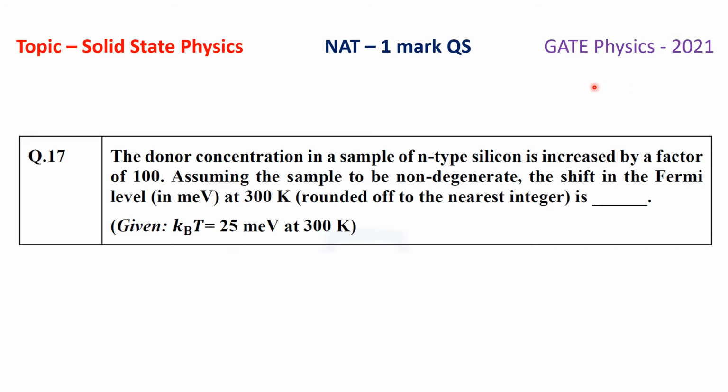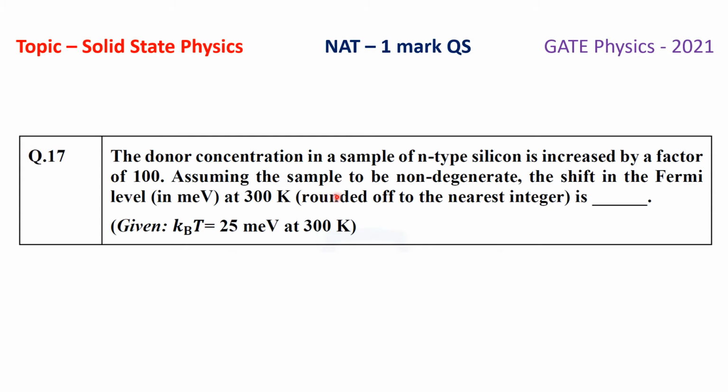This question was asked in the GATE Physics paper 2021. This is a numerical answer type 1 mark question, and the topic of the question is solid state physics. Specifically, it was asked from the chapter Semiconductor Physics. The question is, the donor concentration in a sample of N-type silicon is increased by a factor of 100.